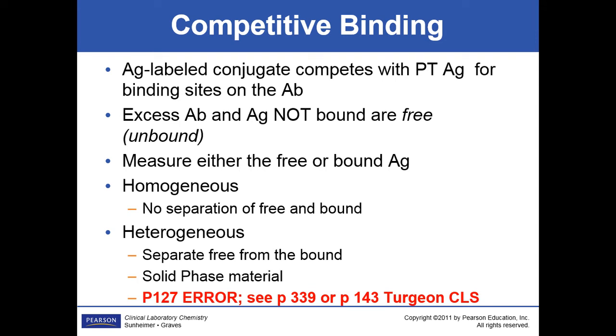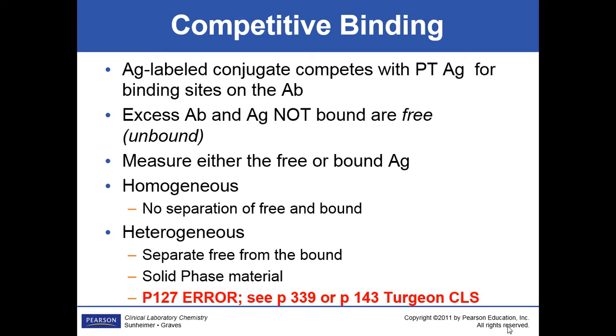Homogeneous, we're only going to measure a total as opposed to the portions free or bound. And some of that doesn't make sense yet, but when we get into the different analytes, I'll start bringing that out, especially the ones that we measure by this, like thyroids or different hormones that we talk about. Just keep that in the back of your mind and it'll come back.